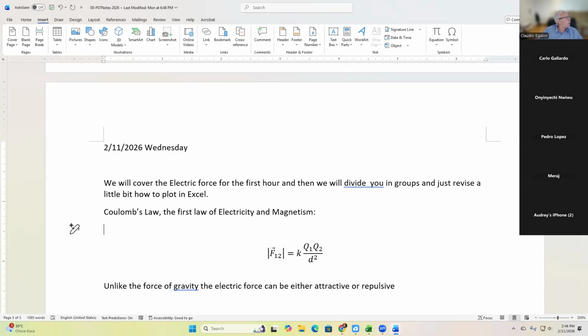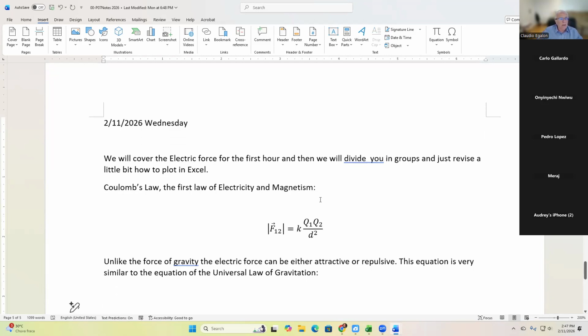It's very similar in mathematical form, even though there are some critical differences. The equation is very similar to the equation of the universal law of gravitation.